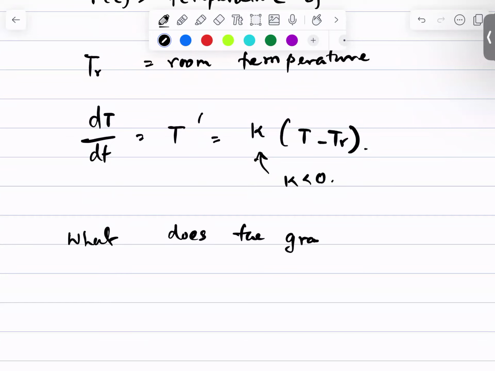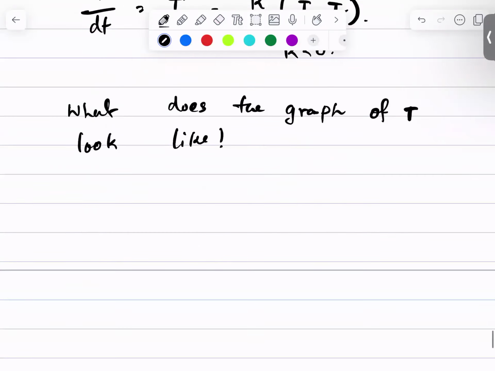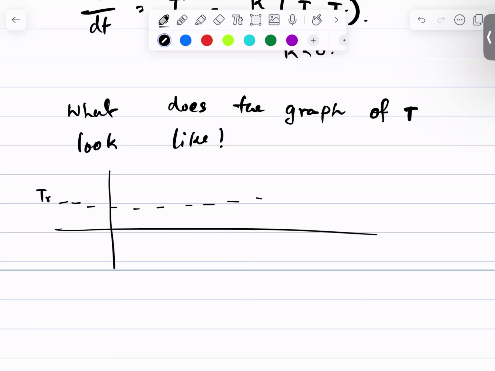The graph of temperature T. This is the room temperature T_r, which is a constant, just for the sake of simplicity. And say at the initial time, the temperature of the object was T₀ here, higher than the room temperature.